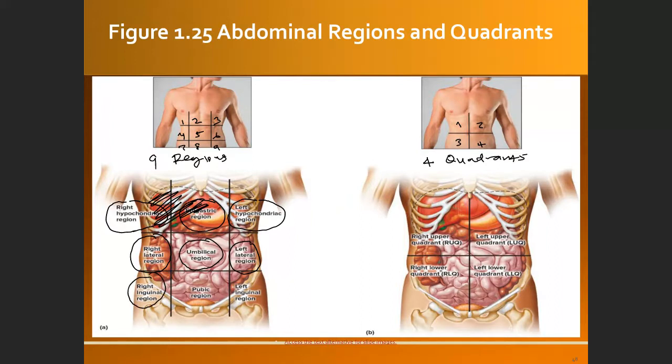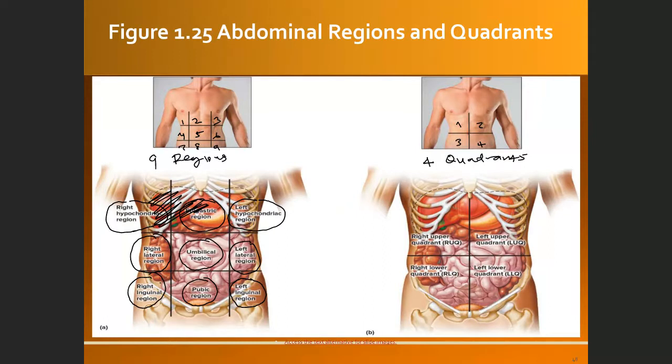This is where, for example, the appendix is located, so appendicitis will be present in this area. Okay, and then the pubic region. This is where the bladder and rectum are located, and then the left inguinal region, where mostly the large intestine is located.